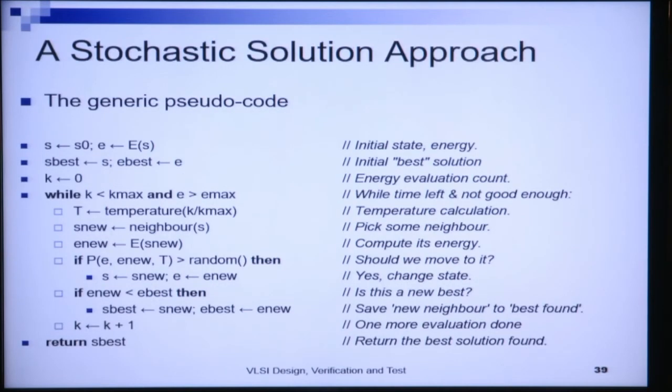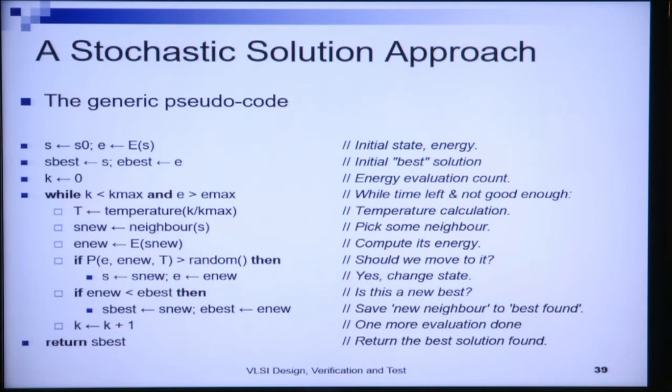Now we will look at the actual algorithm. Initially I have an initial state S0. I allocate it to S, that initial state, and that state is a configuration of initial mergings of temporary registers and operations into certain hardware registers and functional units.